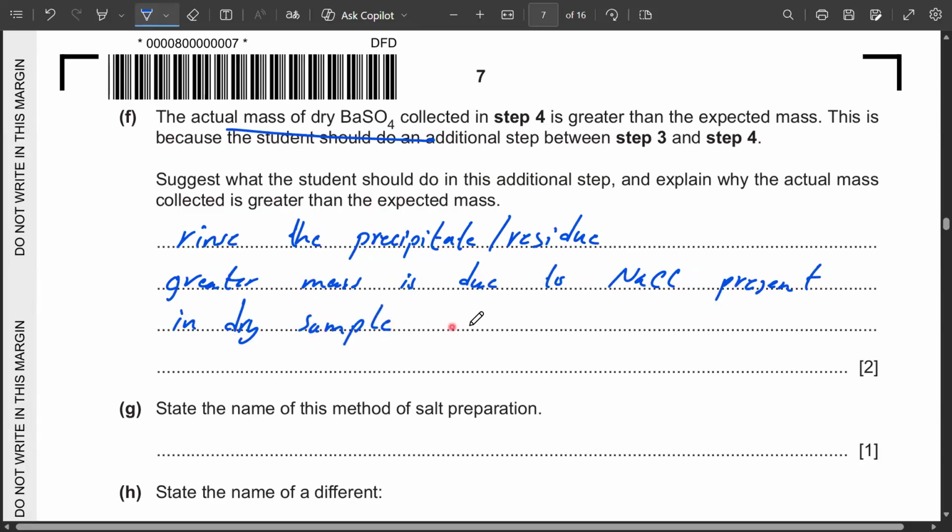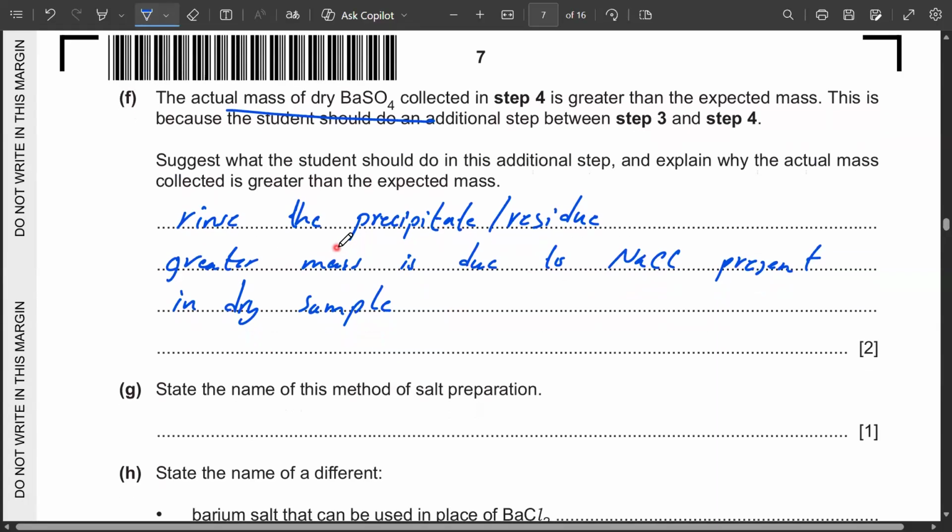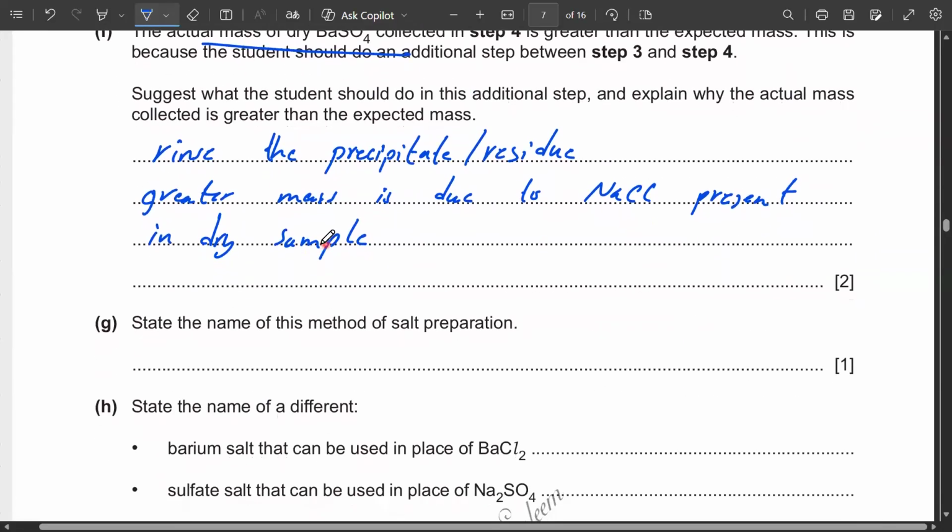So a dry sample can also contain NaCl. So that's why there could be a higher value.